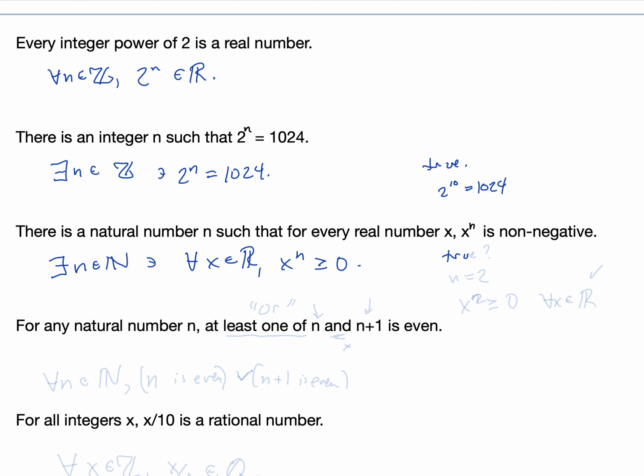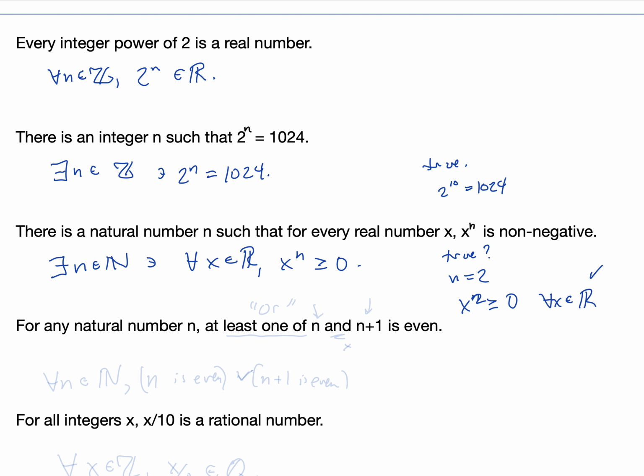Is this a true statement? Yes, we know that if we take any real number to an even power, then that's going to be a non-negative number. So let's say n equals 2. Then x to the 2 is greater than or equal to 0 for all x in the real numbers. So yes, that's a true statement.